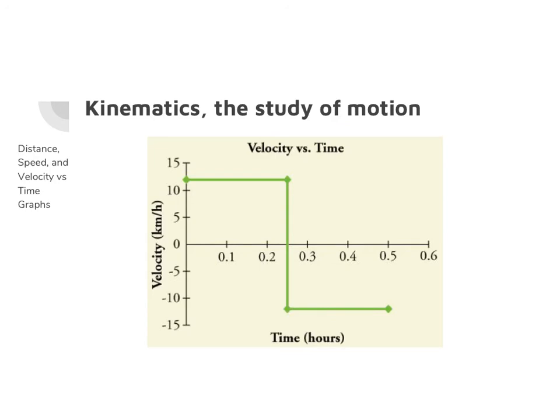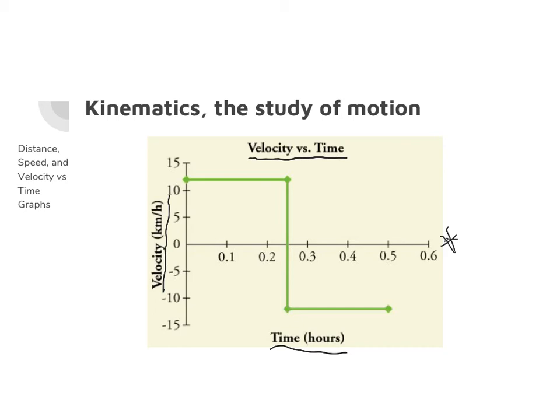We can also do the same for velocity versus time. So this plot is a little bit different. Over here is our velocity, and down here we have time, but our time scale is in tenths of an hour: this is a tenth of an hour, 2/10 of an hour, 3/10, 4/10, and that would be a half of an hour, or 5/10 of an hour.